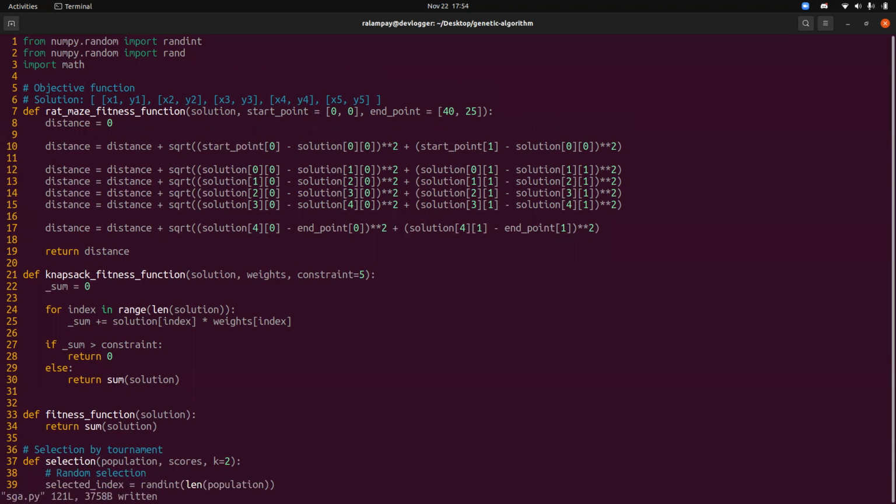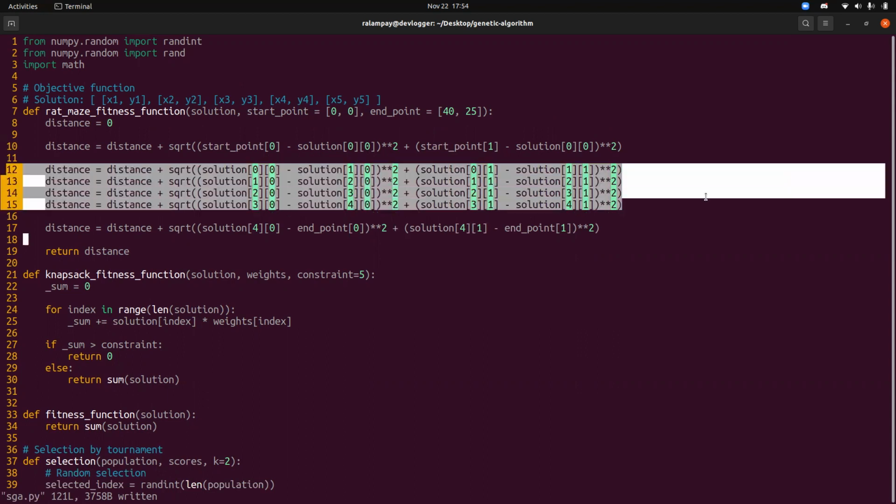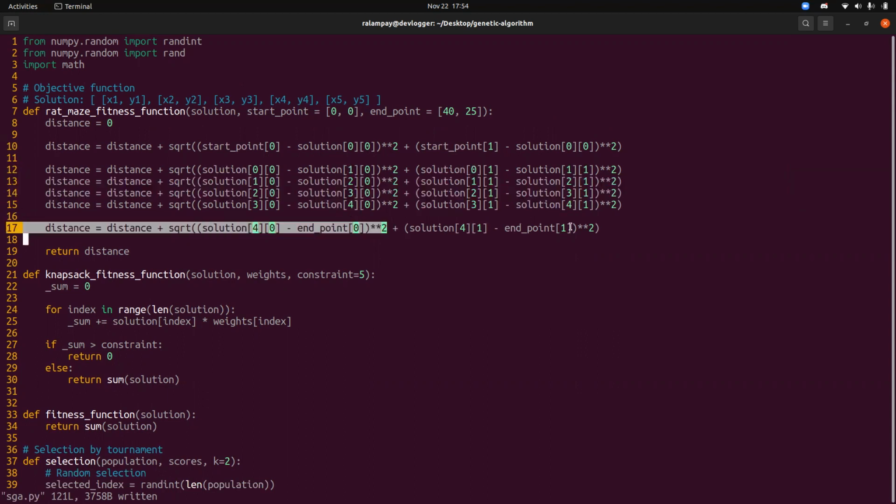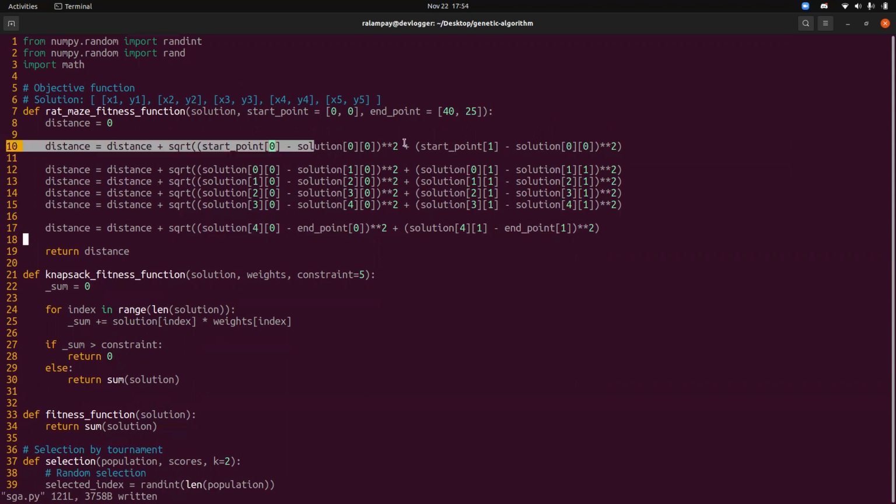To know how close we are to the cheese. Okay, and then we do a distance formula, we do a computation, and we'd like to minimize it. 5 steps, okay, before we reach the cheese, starting from our initial point, right? And then we return the distance.